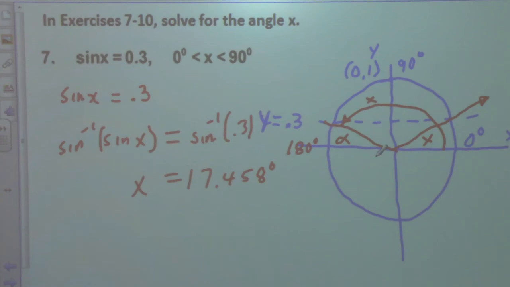So the negative 0.7 is going to be on the other side of the circle? Yeah, so your negative 0.7 is going to be down here. So I'm just going to draw it in here. So we have y equals negative 0.7. And so what we're looking for is this angle right here. I'm drawing this in black.